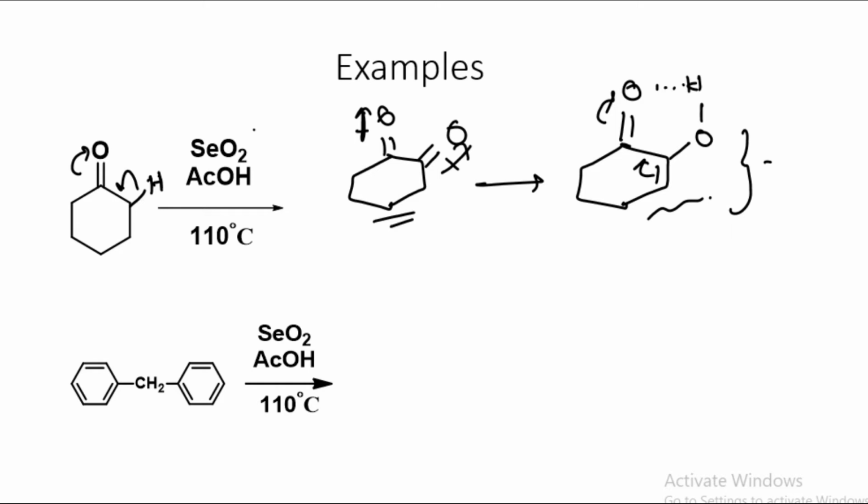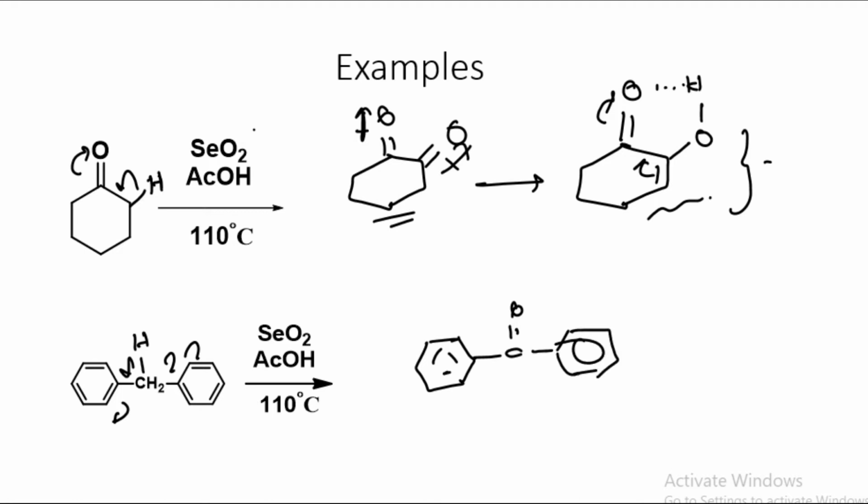Okay, so now here this hydrogen is also activated by conjugation with two phenyl groups. So oxidation is also possible, and you get benzophenone. Okay, so a very simple, straightforward reaction.